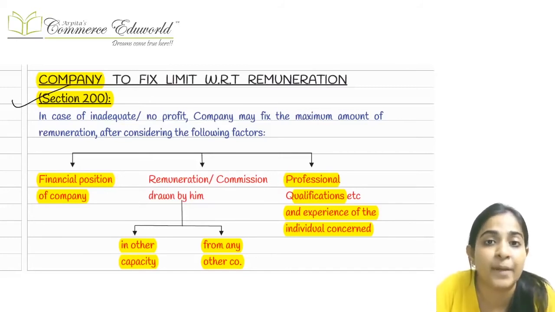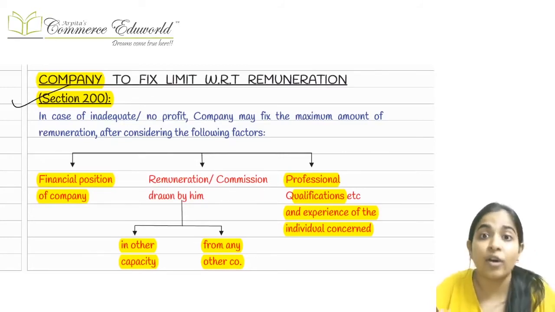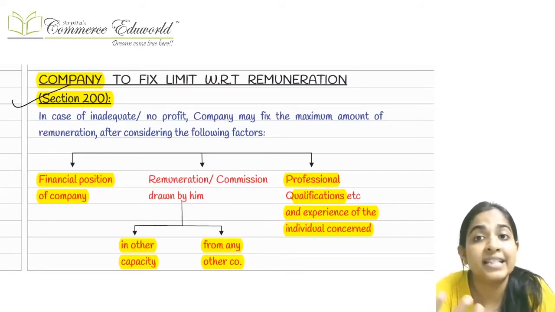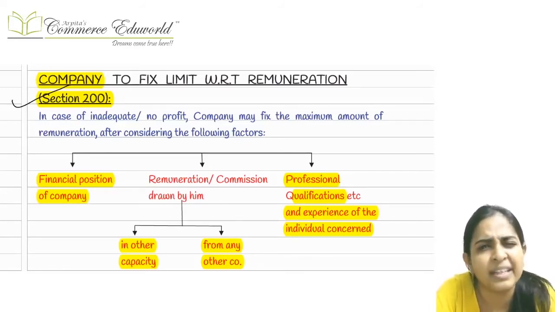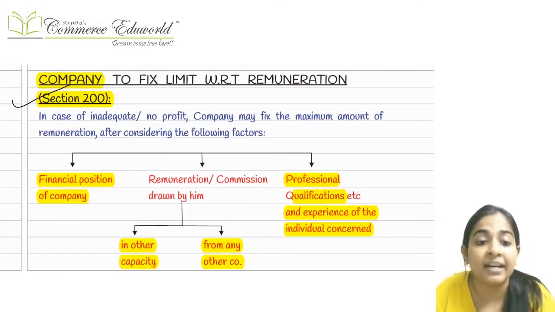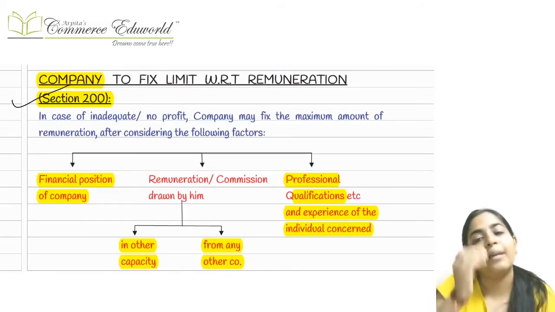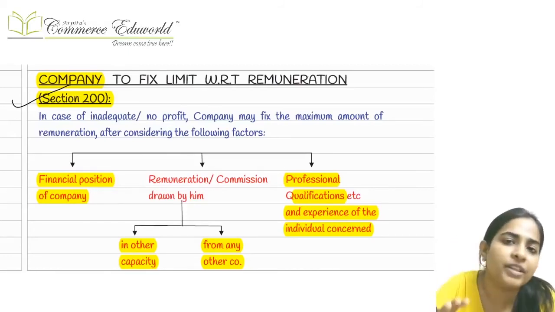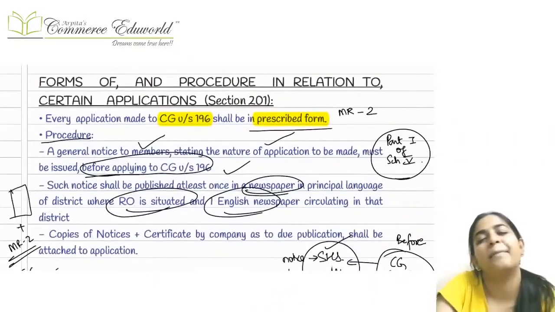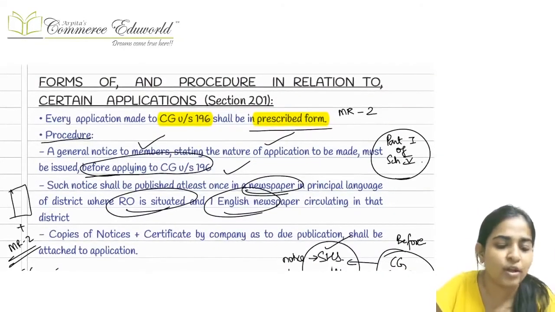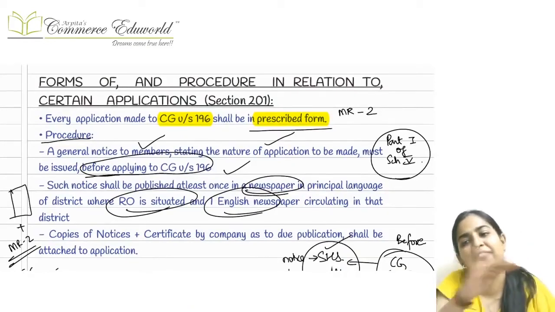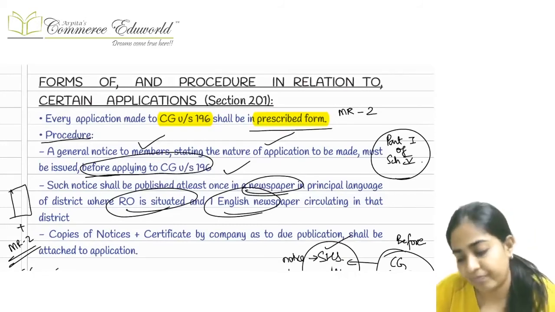If he is a managerial personnel in some other company, or acting in some other capacity in our company, then we can pay him something less. Depending upon these factors, the company is going to fix the limit of remuneration in case the company has insufficient profits or is into loss.